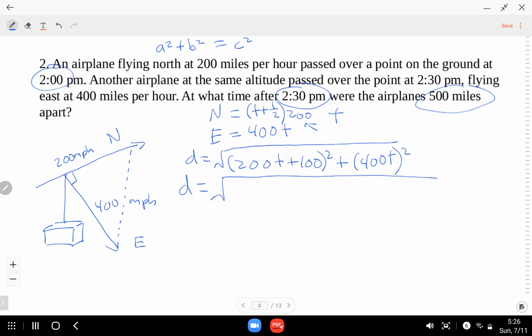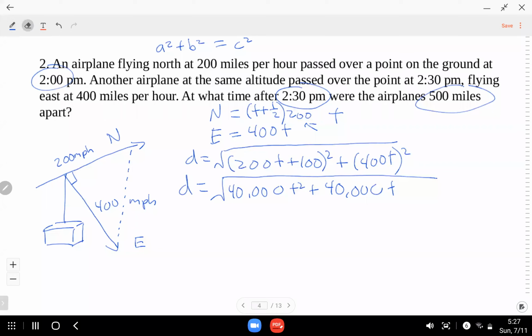It's basically 40,000 t squared, and then another 40,000 t, because basically it's 2xy.